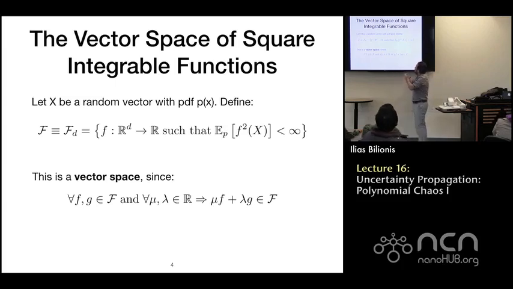The other property is that if you take one point in that space and multiply it by a real number, you will also get a point in that space. So if you take a function and multiply it by 10, you will still get a square integrable function. No big deal, okay? So the space is a vector space if it is closed under addition and multiplication with scalars.